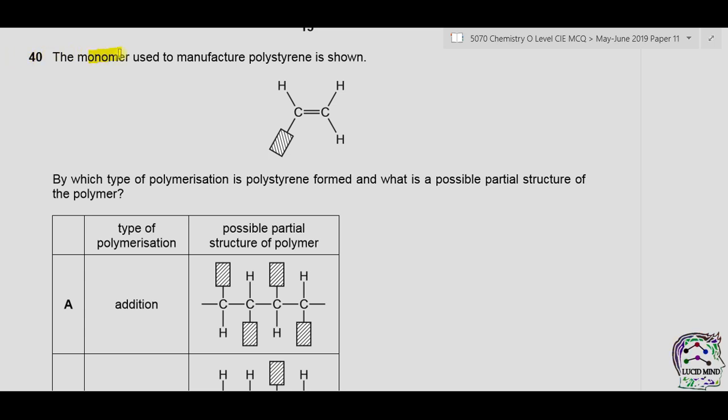Question 40. The monomer used to manufacture polystyrene is shown. This is the monomer. We have carbon-carbon double bond that is present. By which type of polymerization is polystyrene formed, and what is the possible partial structure of the polymer? In the monomer we can see that double bond is present, so therefore this is alkene, and alkene go polymerization by process called addition polymerization.